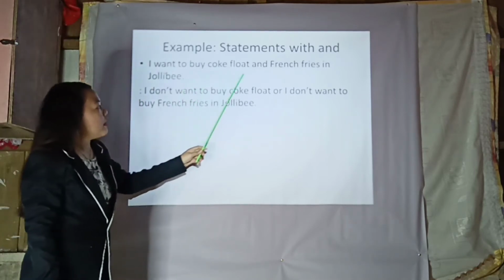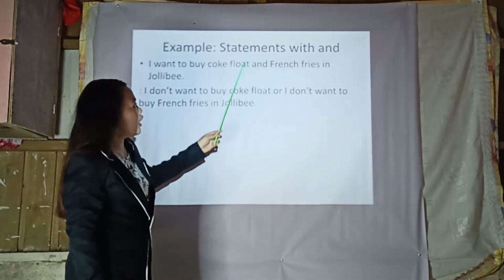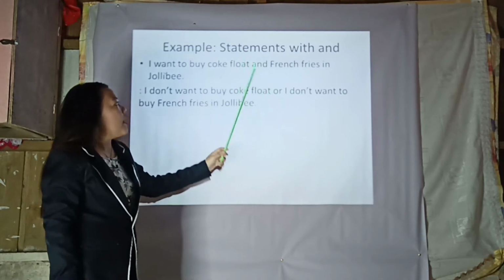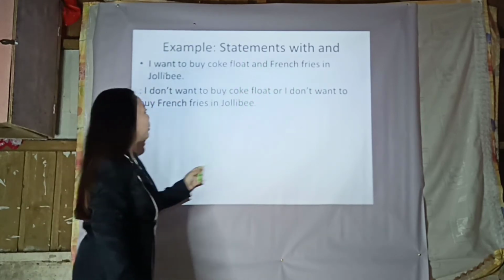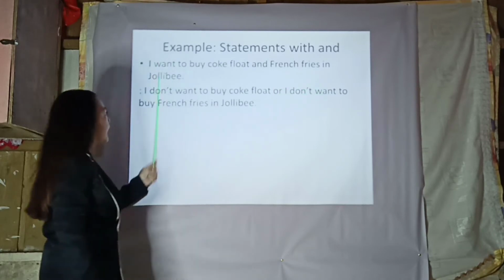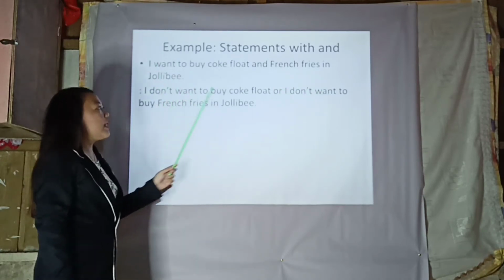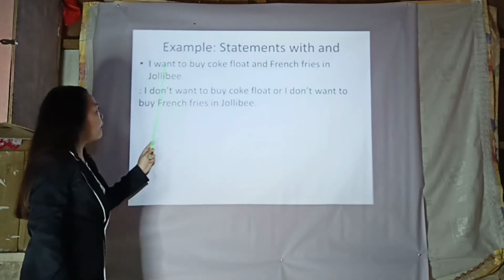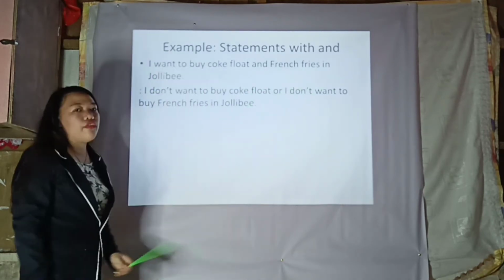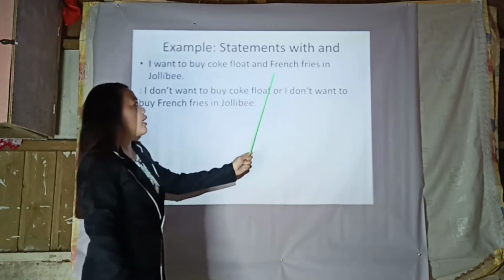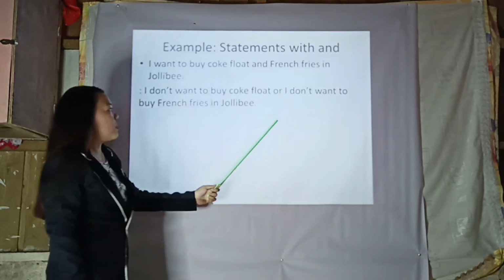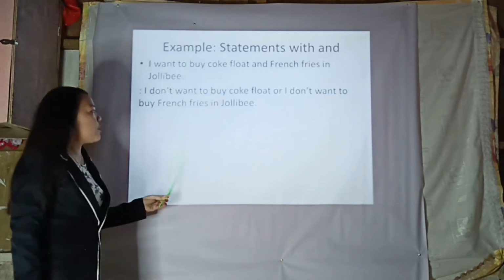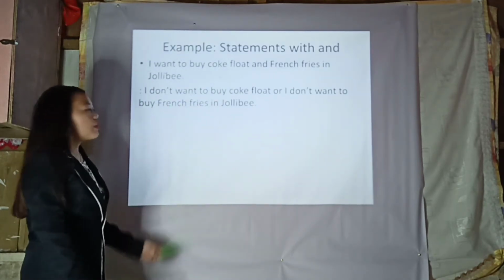And the negation of and is or. And then the second statement will be French fries in Jollibee. As you can see also, this statement doesn't have not or negative. Therefore, the negation of this Q statement will be I don't want to buy French fries in Jollibee.